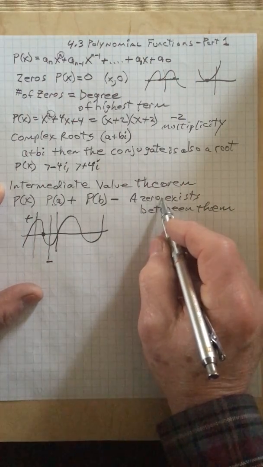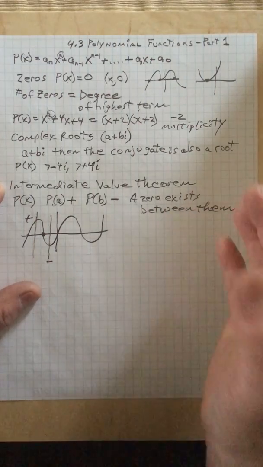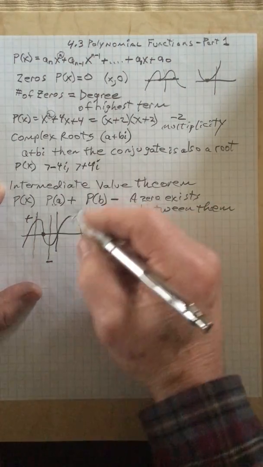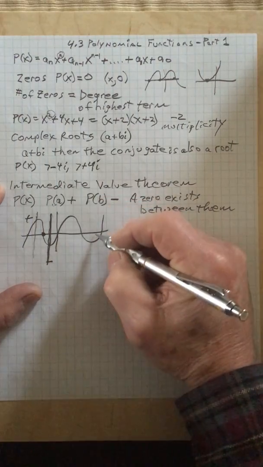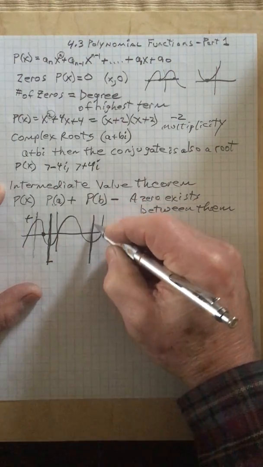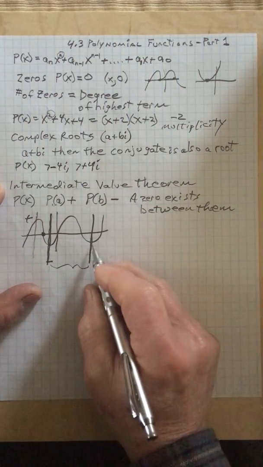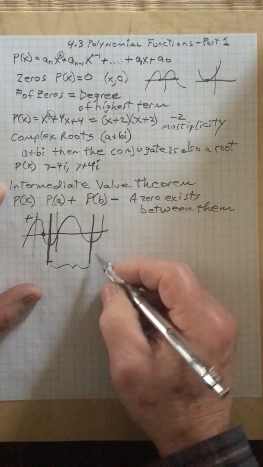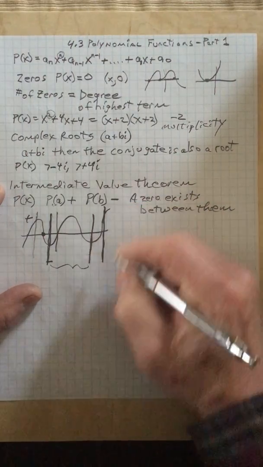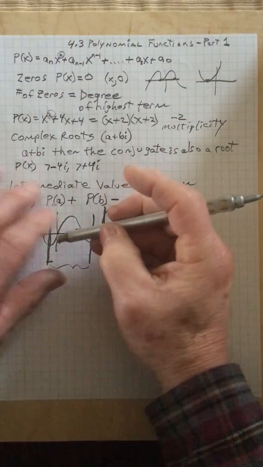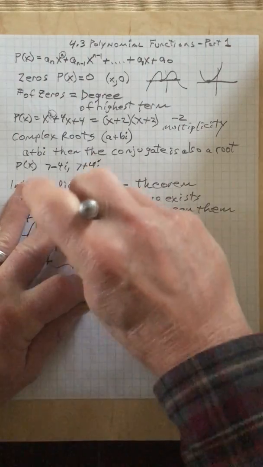But it could be more than one 0. So a 0 or more zeros exist, because let's say, for example, I checked this one and I wanted this interval here. Well, in this interval, no, I can't do that. I need to check it here. Sorry. We don't get any information here. We're not sure. Let me erase that.